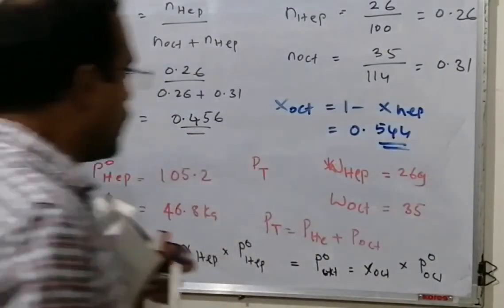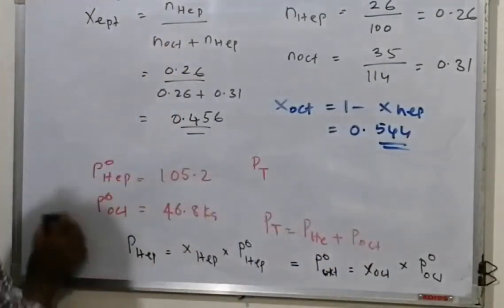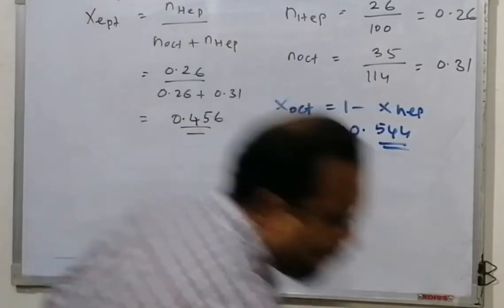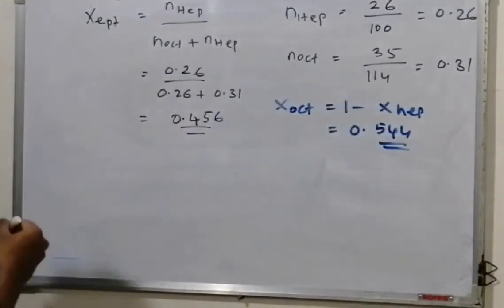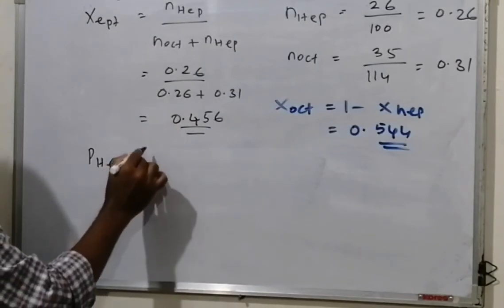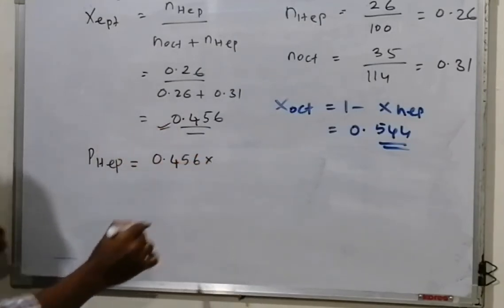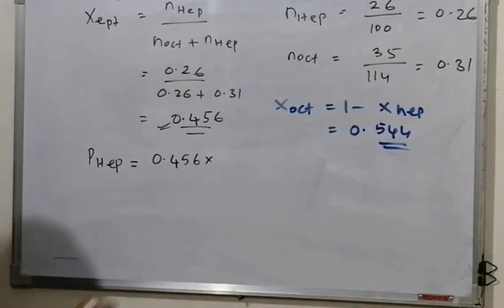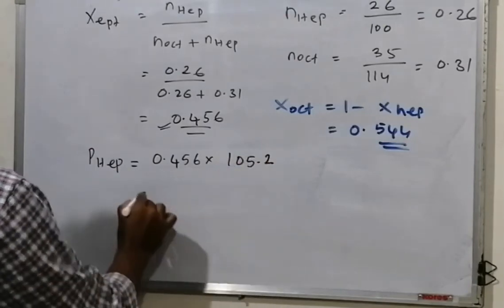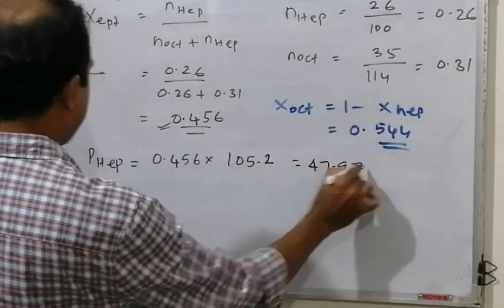Now we can calculate P heptane. That is 0.456 into 105.2. What is that value? That is 47.97.